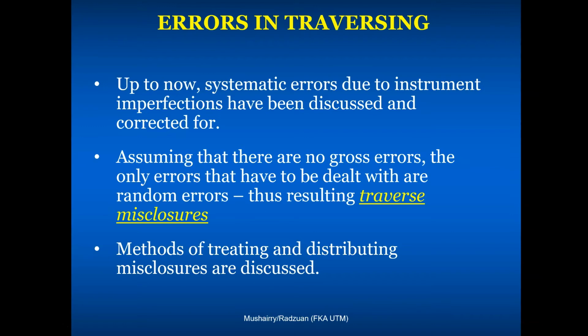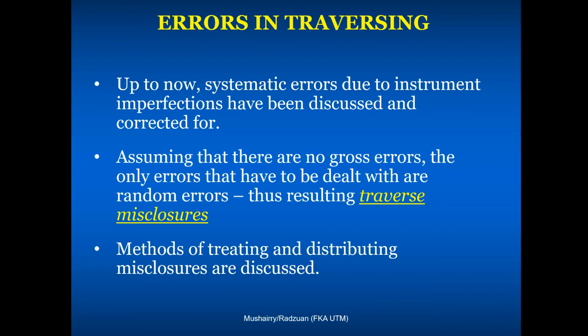Let's now discuss a little bit on errors. Let's talk about errors in traversing, because we know that this is the one thing that we cannot run away from. We have to be able to understand what the errors are, and we must have an ability, procedure or method that we can employ to minimize or perhaps eliminate the errors if we can.